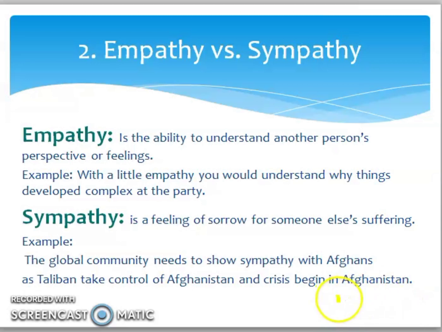We all are aware that Taliban have taken control of the majority of areas of Afghanistan, and the people are suffering. So we have sympathy for the Afghans. What we are doing, we are showing sympathy. That is, we have sorrow for their suffering. Okay, moving to the next.